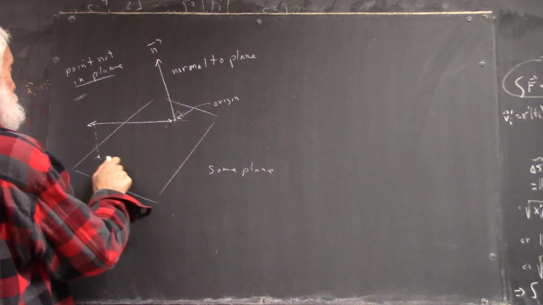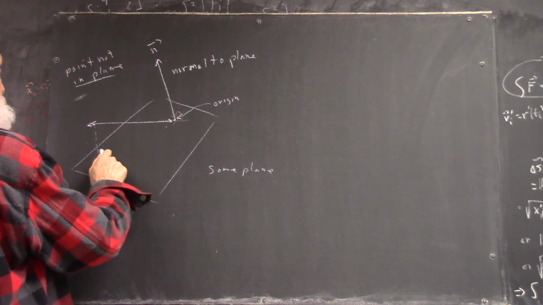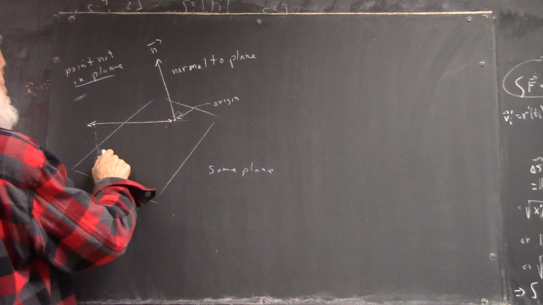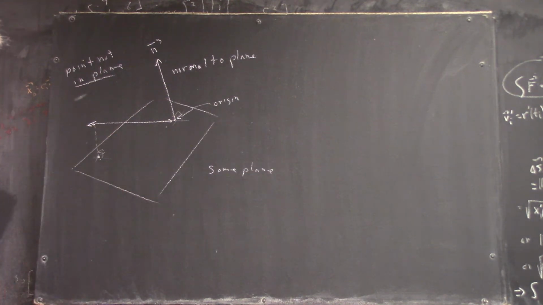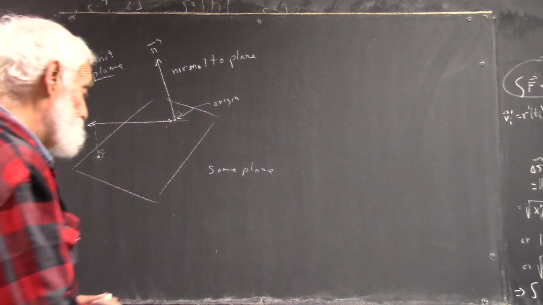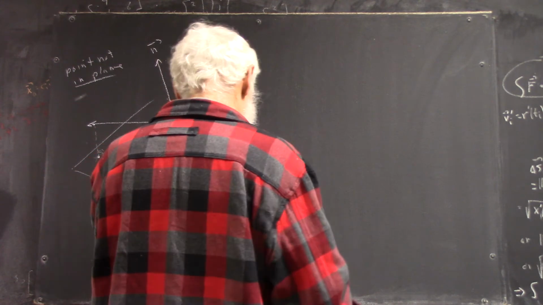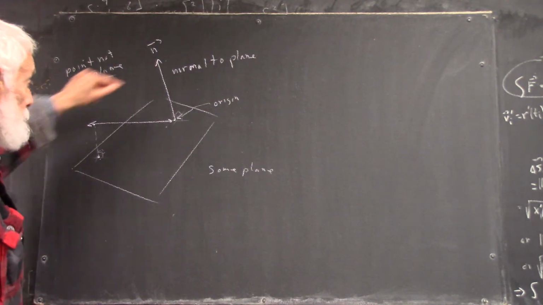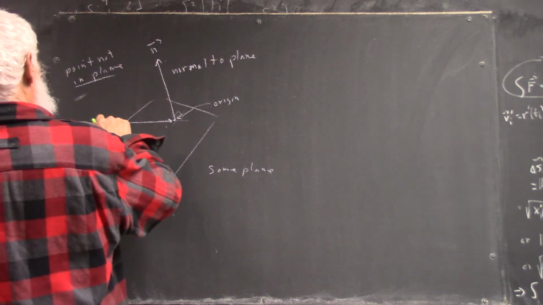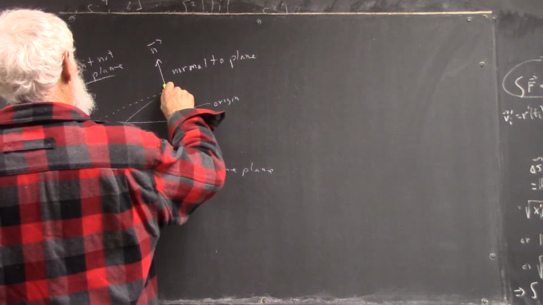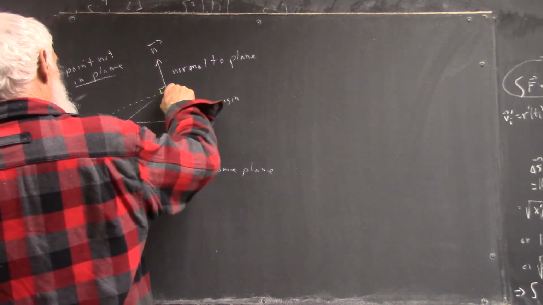So this is also perpendicular, orthogonal, whatever that mess means. Okay? Well, if we project this vector onto this vector, that means we go at a perpendicular to this vector, and here's the projection.